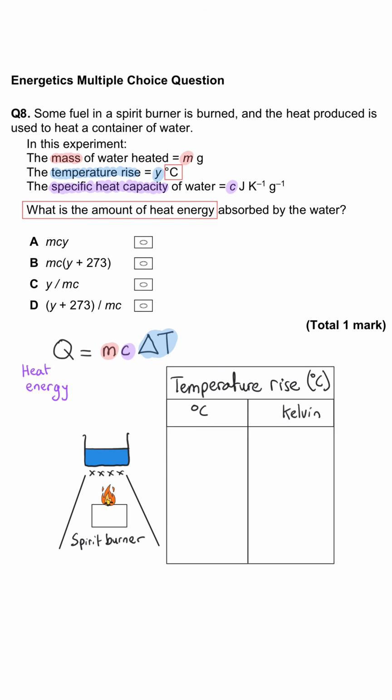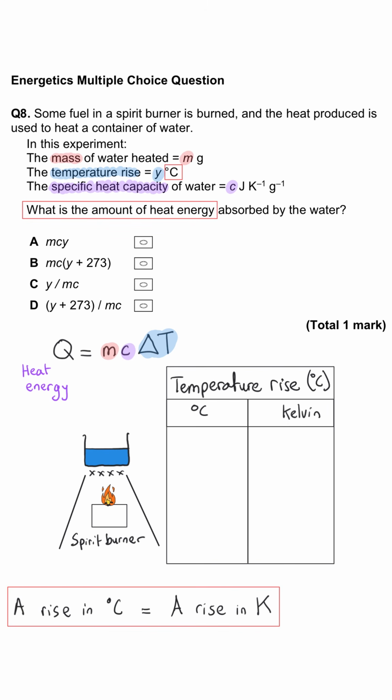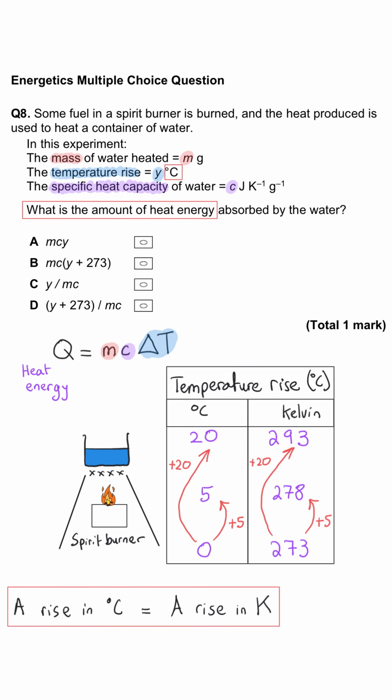However, a temperature rise of 1 on each of the respective scales is an equivalent rise of 1 on the other scale as well. For instance, if we started at 0 degrees C, that would be 273 Kelvin. If the temperature rose by, say, 5 degrees C, that would be a rise up to 278 Kelvin. So the rises are equivalent whether you're talking about degrees C or whether you're talking about Kelvin.